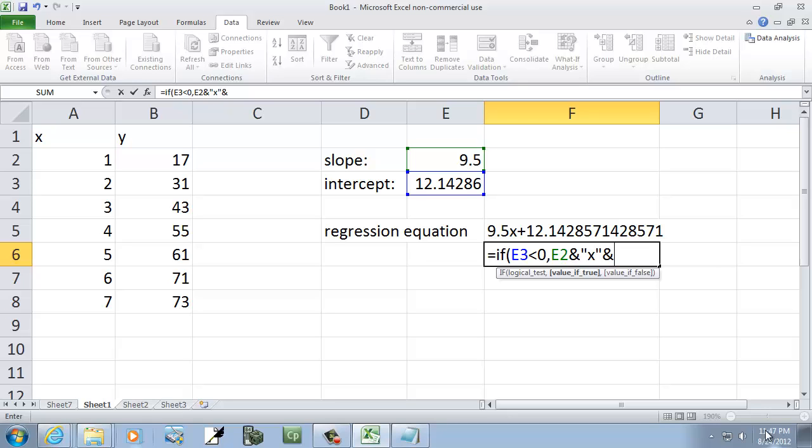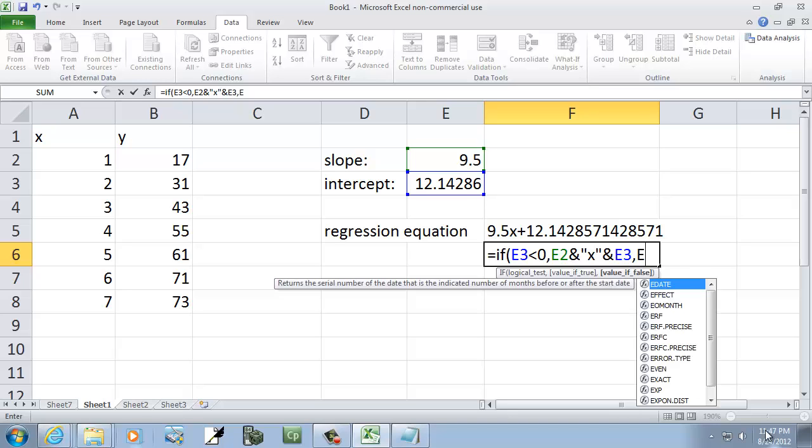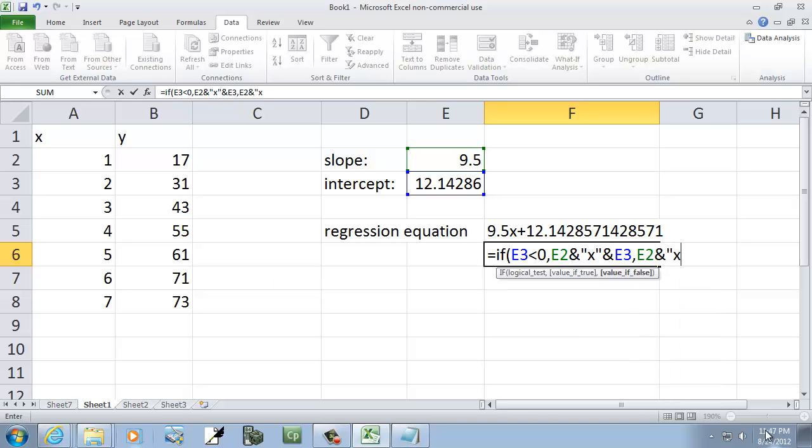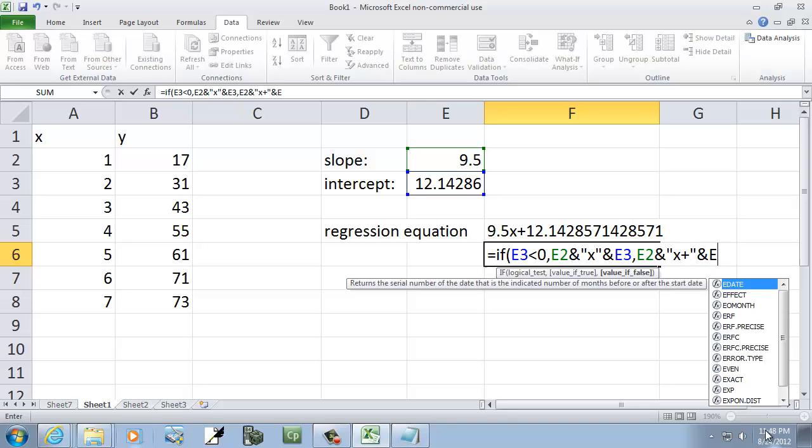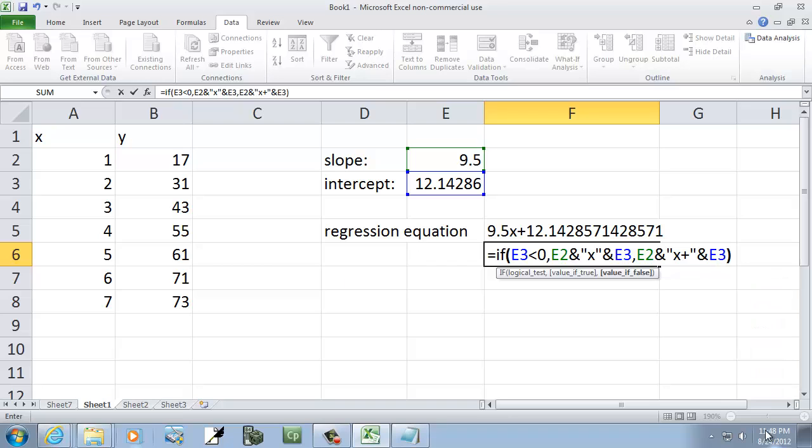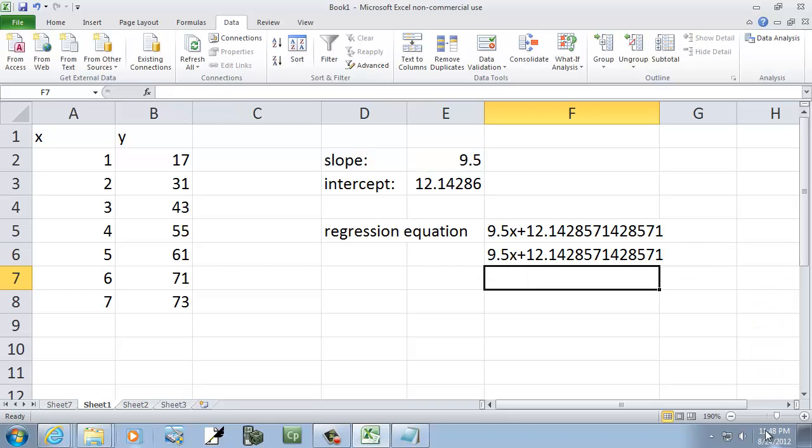So I just put in E3. And then I'll put a comma to go to the other possibility, which is E2 and x, and then plus. Actually, I can put the plus right within the x. And then and then E3. Close parentheses, enter. Okay, we get that, and that's no big surprise.